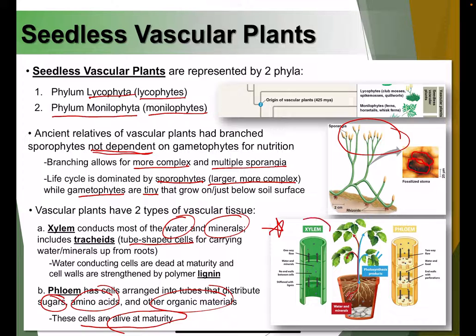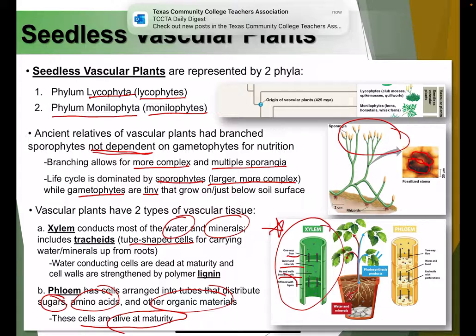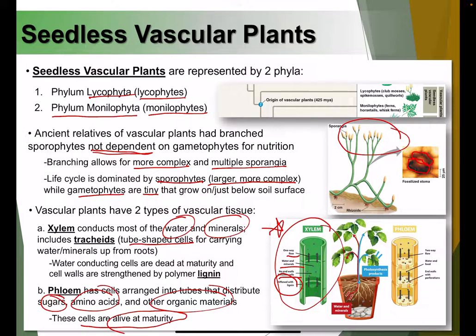For xylem, it is a one-way flow for water and minerals only. There's no end walls between cells, and then it is strengthened from lignin. Okay, phloem, on the other hand, is a two-way flow type of vessel, and it is for food and water. And then the end walls have holes in them, perforations. That's why they allow for the bulkier things to go through.